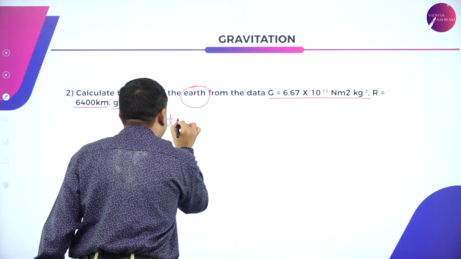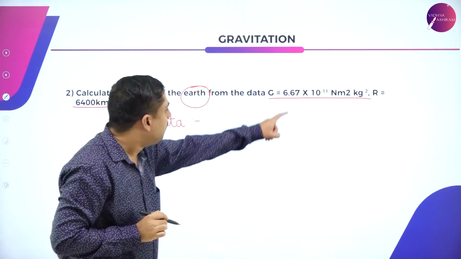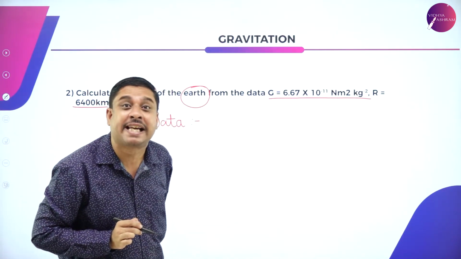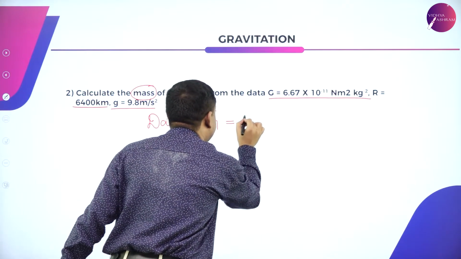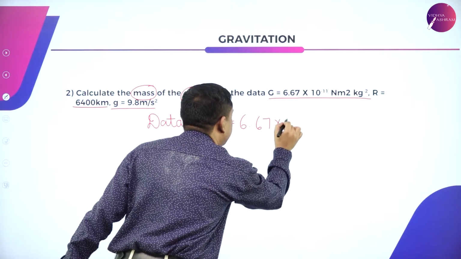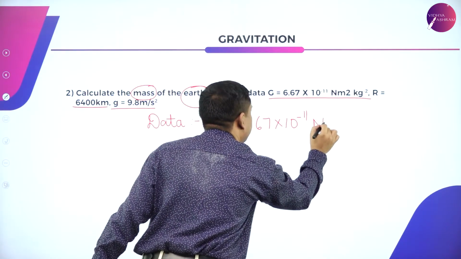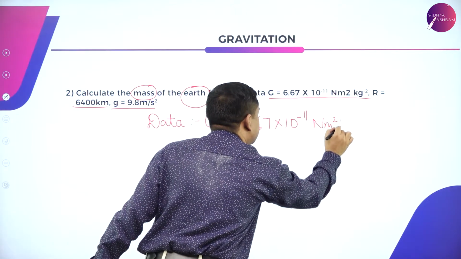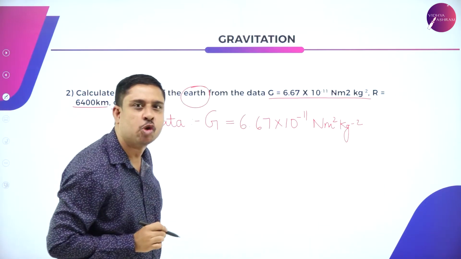So, data again. First, we write down the data. First, I write the value of capital G, 6.67 into 10 power minus 11 meter square kg minus 2.